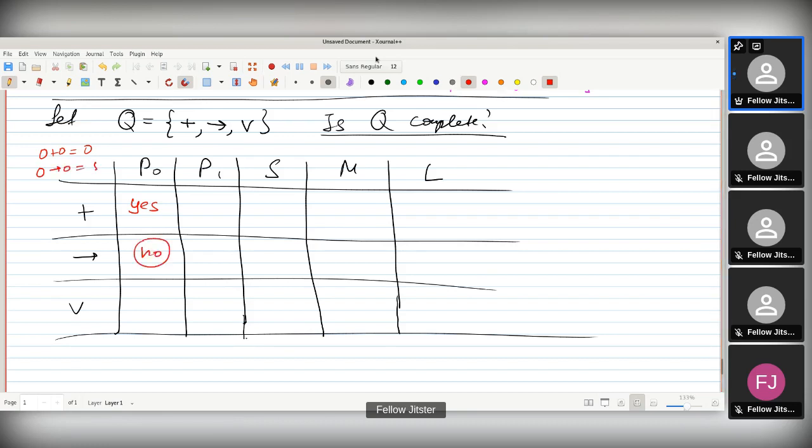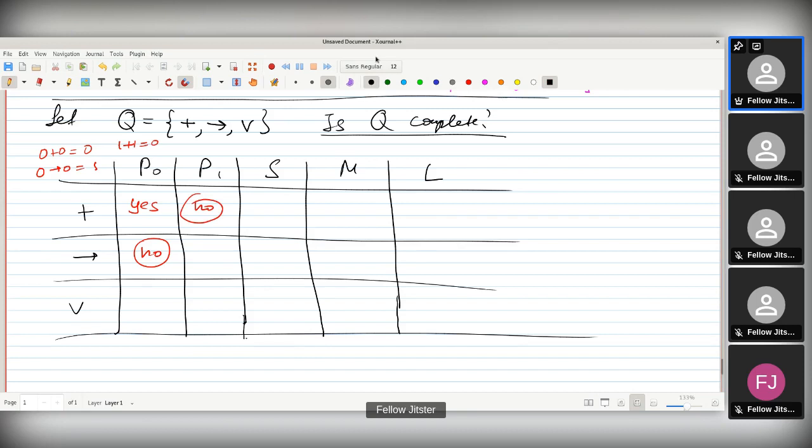So it doesn't preserve 0. Okay. P1, preserving unity. 1 plus 1 is 0, so plus doesn't preserve unity. We have a function that doesn't preserve unity.